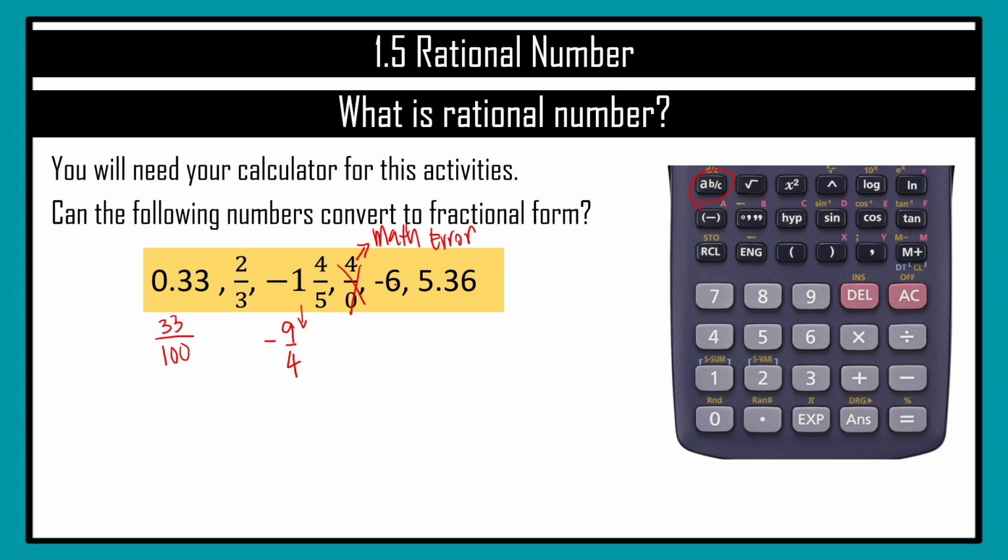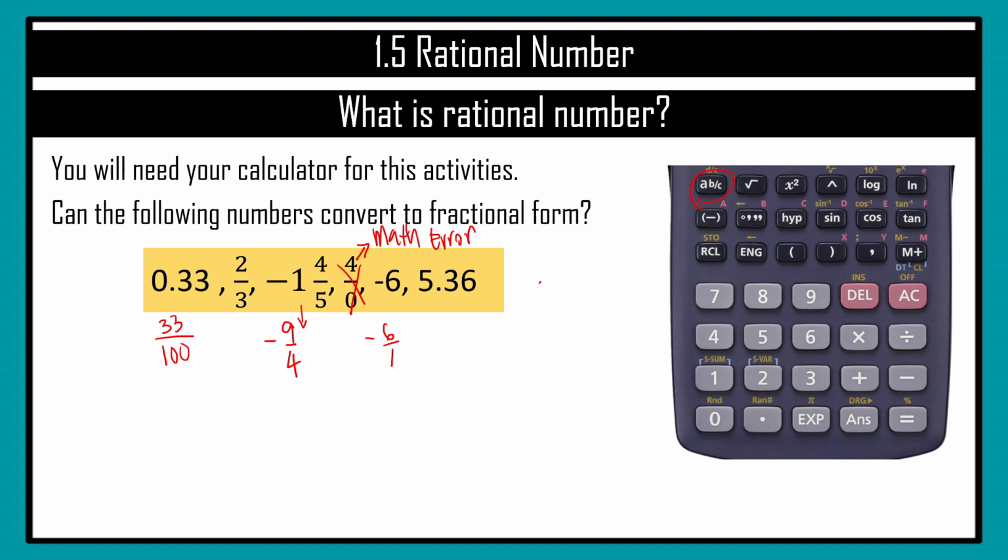Negative 6 can be written as negative 6 over 1. Whatever is divided by 1, we get back that number. Next, can 5.36 be written as a fraction? Do the same process as with 0.33: insert 5.36, press equals, and then press the fraction button.